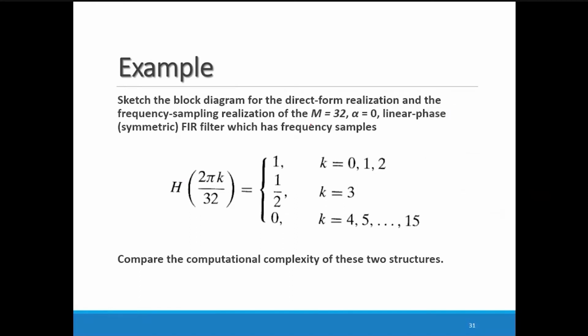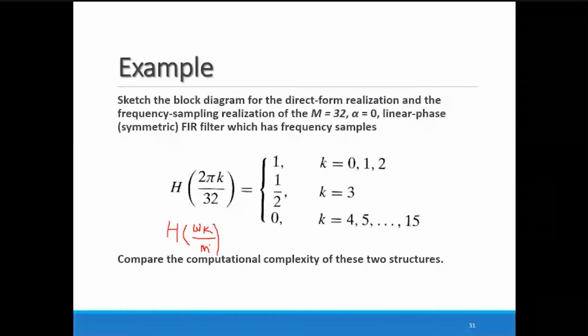Okay, so here M is equal to 32 and alpha is equal to 0, that is given, and a linear phase or symmetric filter is given. So here the equation is H of 2 pi k by 32, which is the same as our equation that we have written earlier, H of omega k divided by M. Here M is equal to 32 and the values for the k coefficients are given.